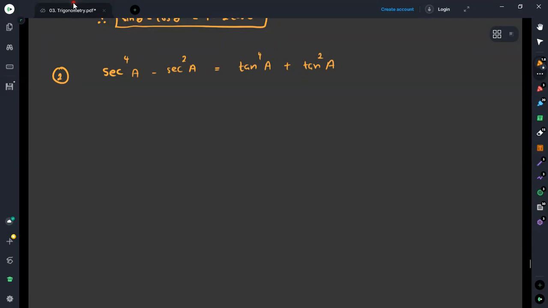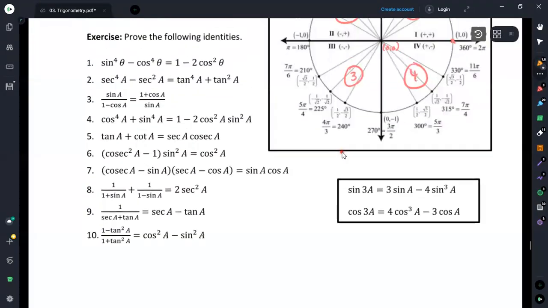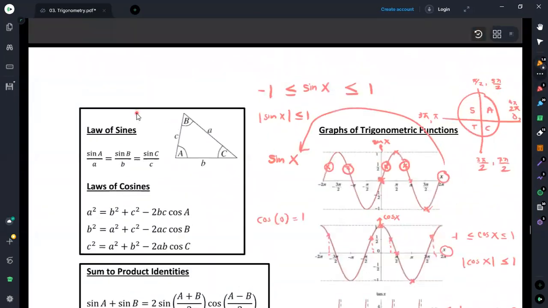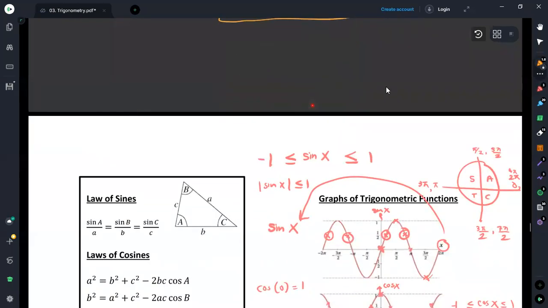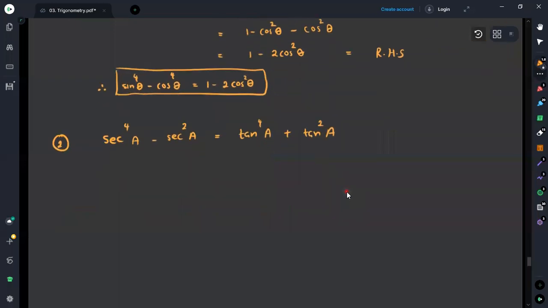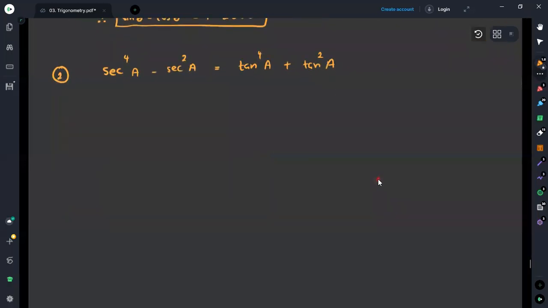Here you can see that we need to show a relation between sec and tan. According to the Pythagorean identity, we know that sec squared theta can be written as 1 plus tan squared theta.